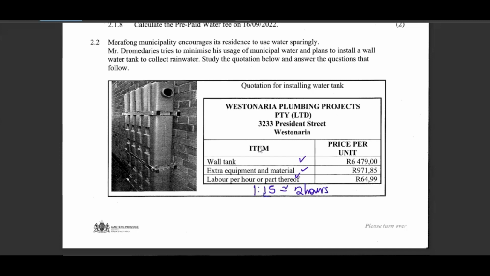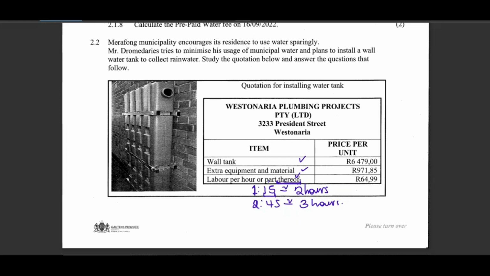The 15 minutes will be taken as a full hour because the person has already exceeded 1 hour. Should the person work for 2 hours and 45 minutes, still this will be considered 3 hours, even though they never made it to 3 hours. Why? Because of this word thereof, part thereof. So let's look at that logic there.